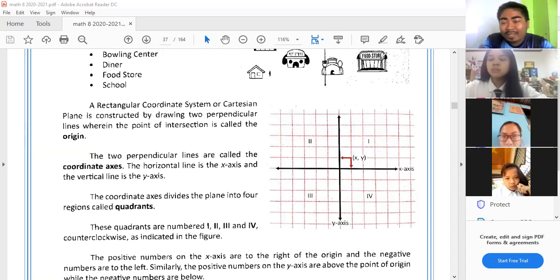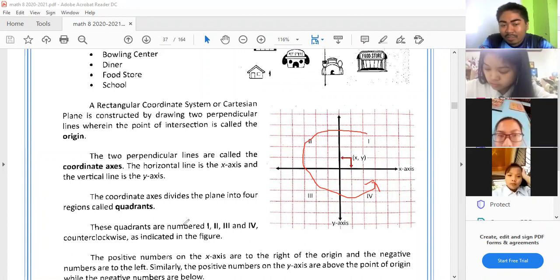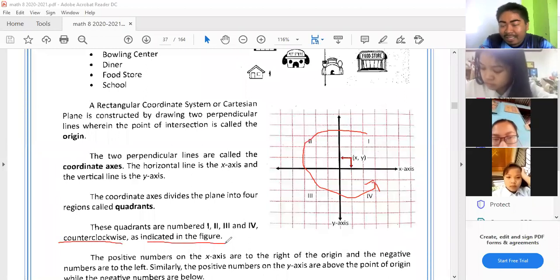Ang ikot ng quadrants natin ay counterclockwise, ganito yung bilang niya. Hindi siya clockwise. So the coordinate axis divides the plane into 4 regions called quadrants. These quadrants are numbered 1, 2, 3, and 4 counterclockwise as indicated in the figure.